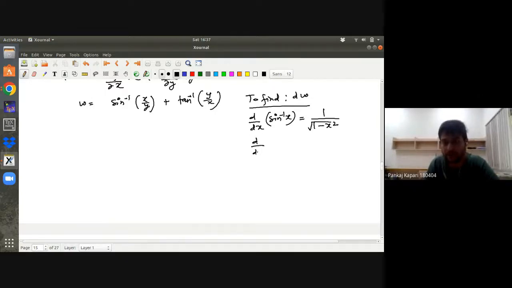And the derivative of tan inverse x is equal to 1 over 1 plus x square. So we will use these derivatives.